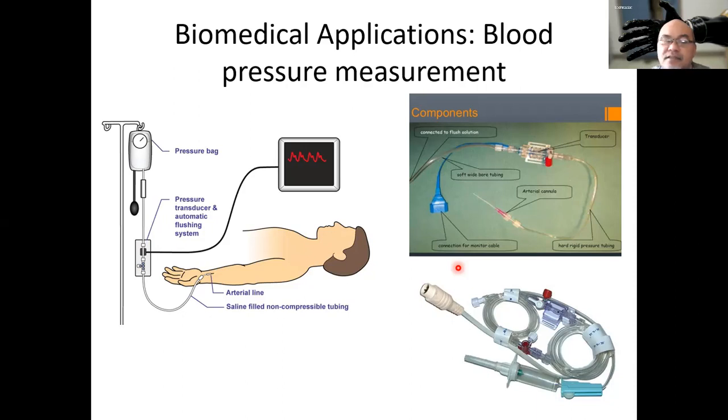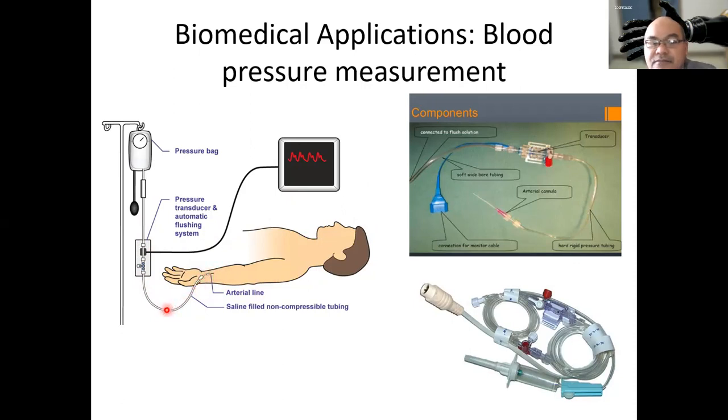The diaphragm can be put inside this tubing, which is connected to the blood vessel using this saline-filled non-compressible tubing that is inserted into the artery, the blood vessel, using this needle.